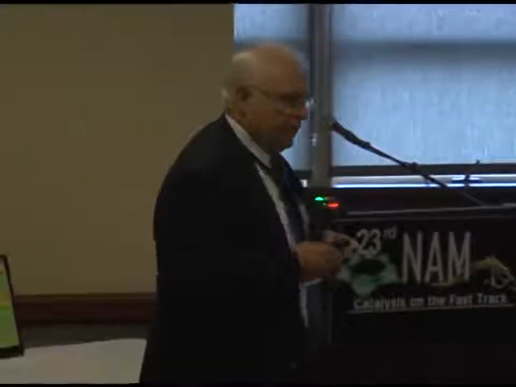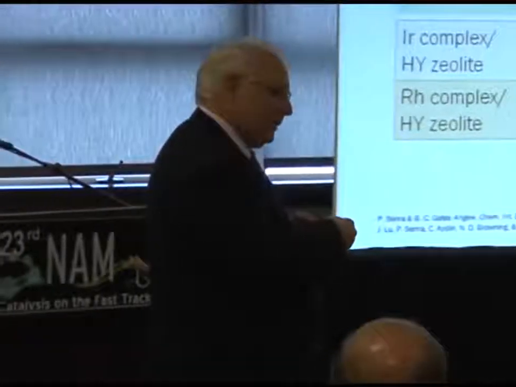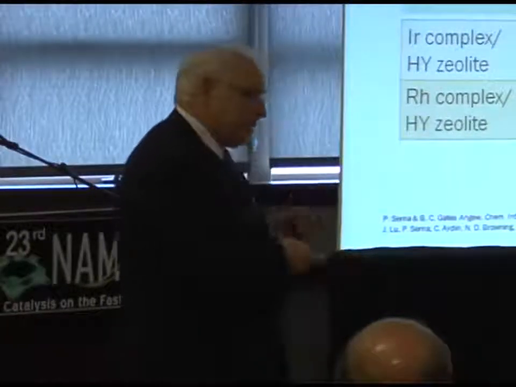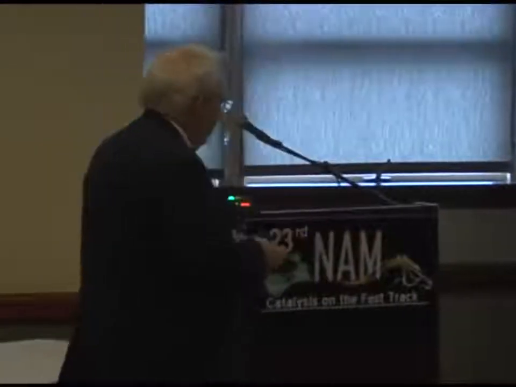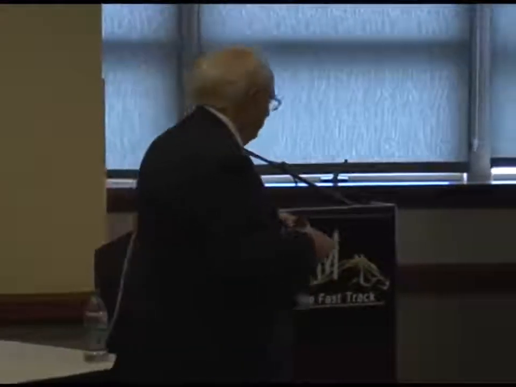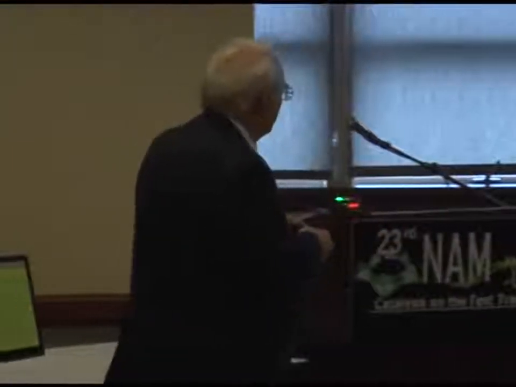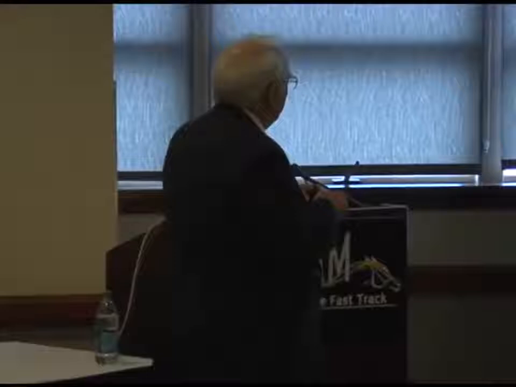So let's go further in comparing the iridium and the rhodium complexes as catalysts on the different supports, remembering there's a selectivity issue. We can learn from the selectivity, not just the activity. So we did a set of experiments, one at 302 and one at 303 and one at 298 K. Don't ask me why. And what we're getting is the turnover frequency for conversion of the ethylene, and then the selectivity.